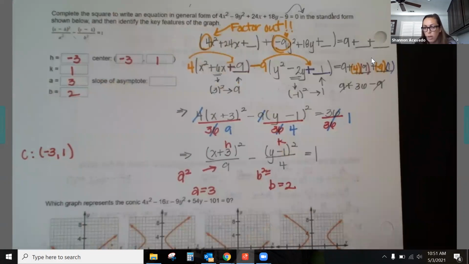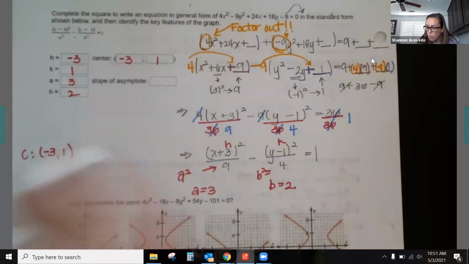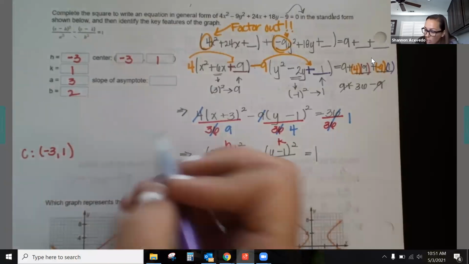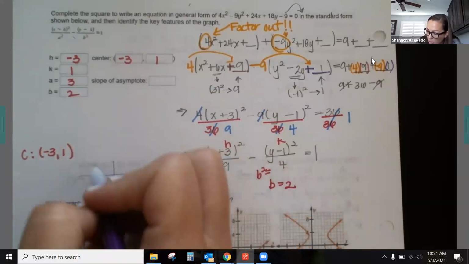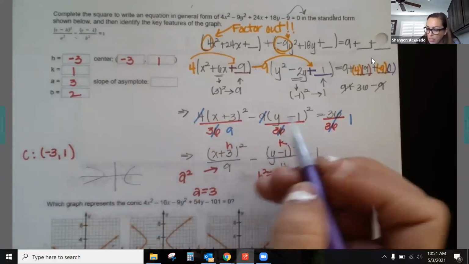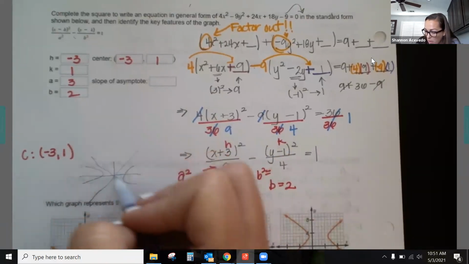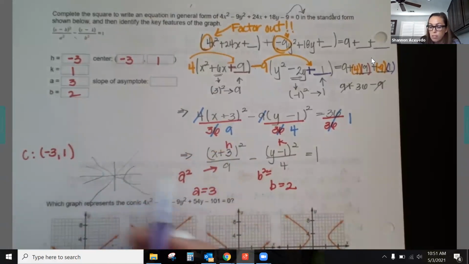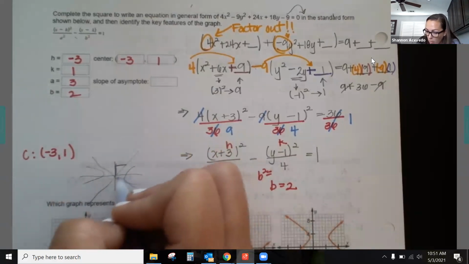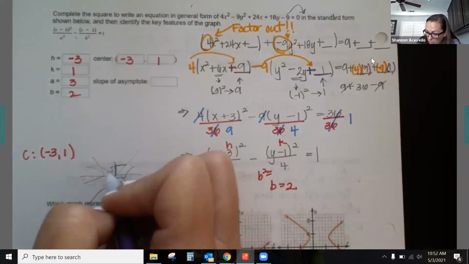My slope. So sometimes you guys are like, well, I don't know which way my slope is. If you can't remember the equation, in this case it's going to be b over a. So I know that my hyperbolas are going to open this direction, right? So this distance here, if I want to figure out my asymptote slope, I know that because it's x first, they're going to open this way. So I always go up and then over. So this is my a value, right? This is my a, this would be my b.